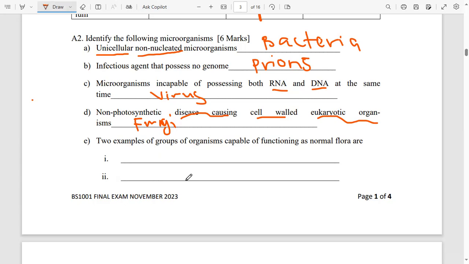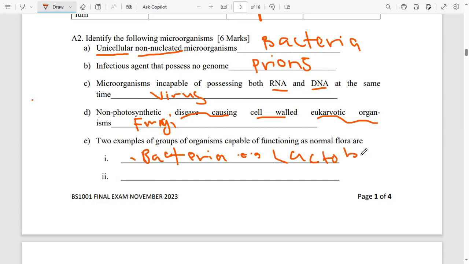The most common type is the lactobacillus, a very common normal flora. It will come to the body and cause no harm; instead it will bring about benefit. So you write bacteria here, and then you say, e.g., the lactobacillus.